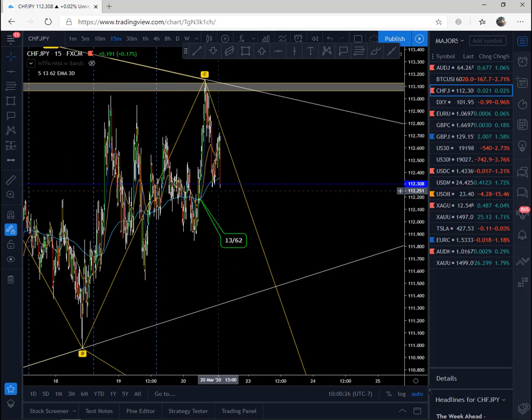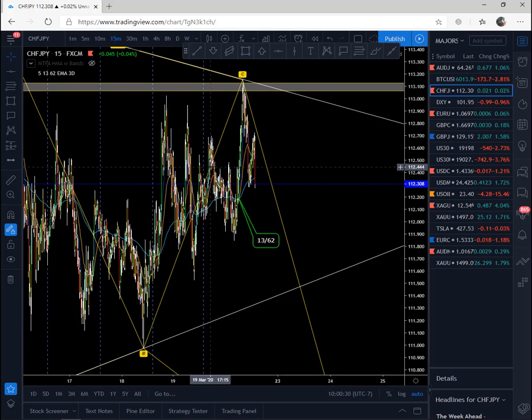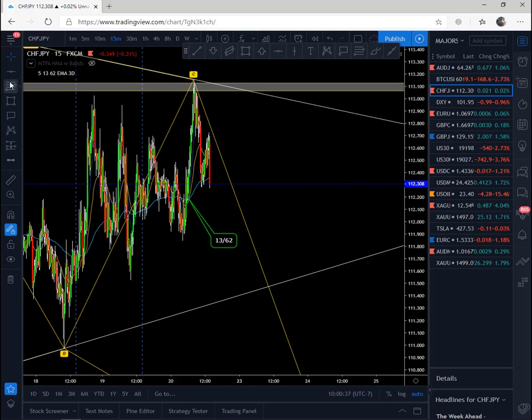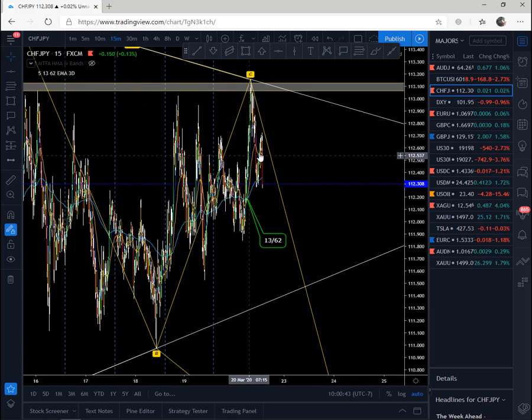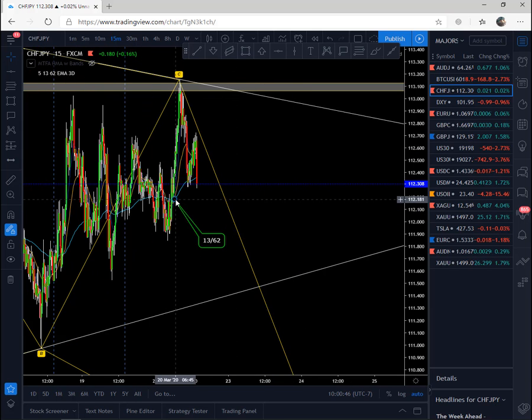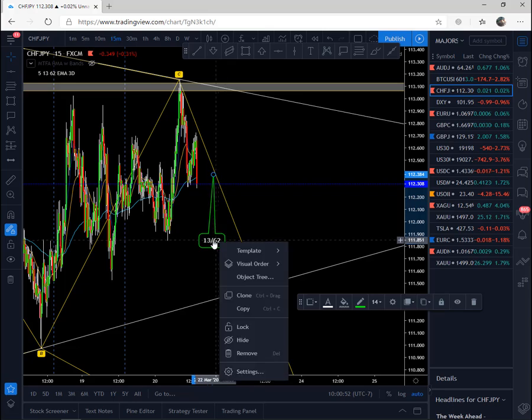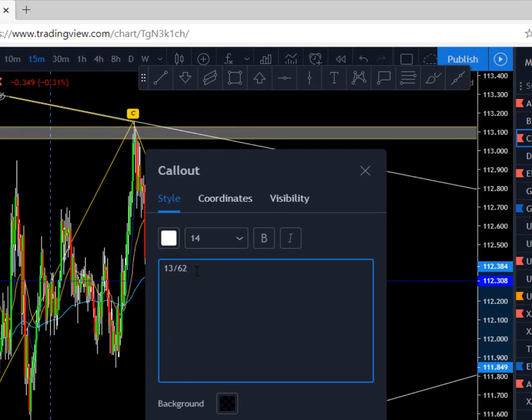Therefore, I'm anticipating a new 13 and 62 cross as a confirmation for short. So that 13 and the 62 must cross again to make a new direction, a downtrend. Therefore, the 13 and 62 cross at this moment is pending.